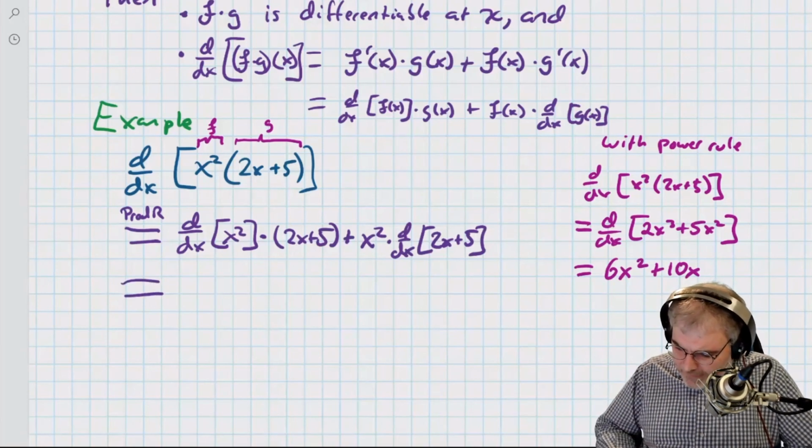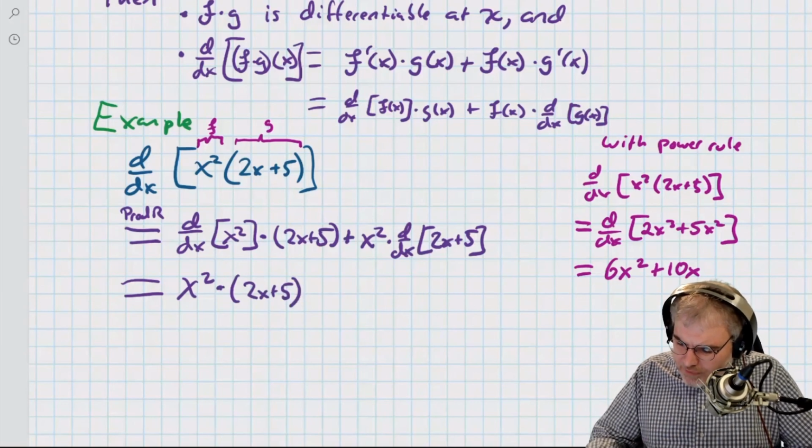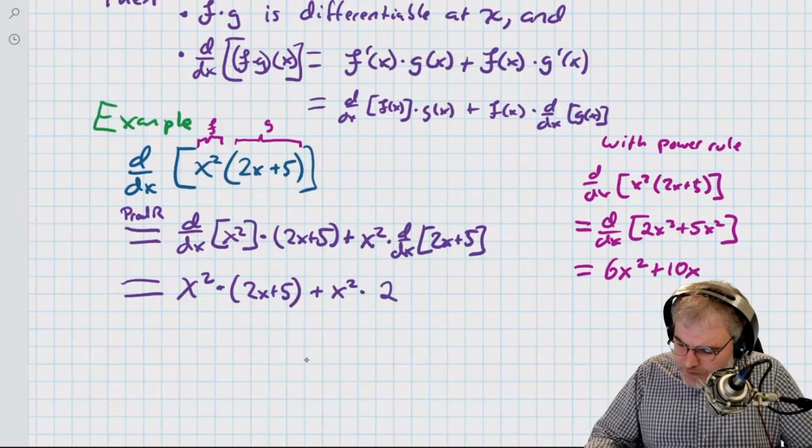Equals, well, the derivative of x squared, and I need to carry my baggage, plus x squared times the derivative of this, which is 2, plus 0.